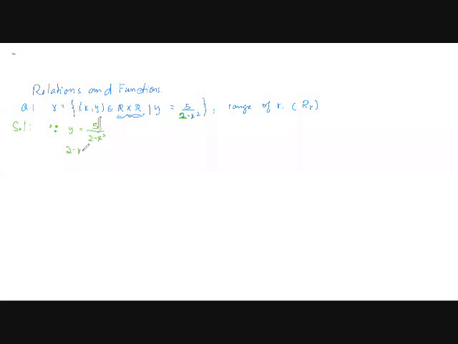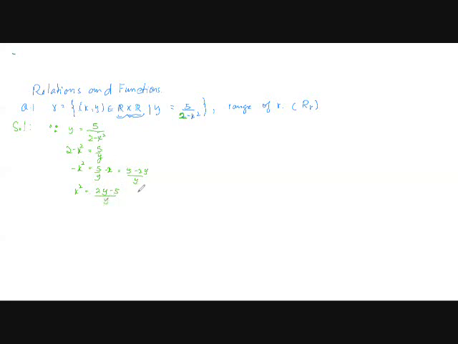Say 2 minus x squared equal to 5/y. And then we have minus x squared equal to 5/y minus 2. So x squared is going to be (5 minus 2y)/y. Then with the minus, it is (2y minus 5)/y.